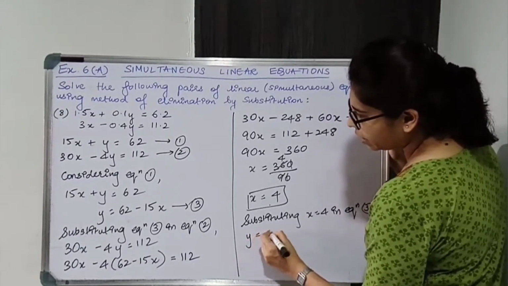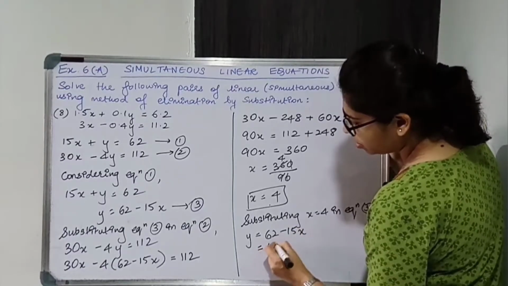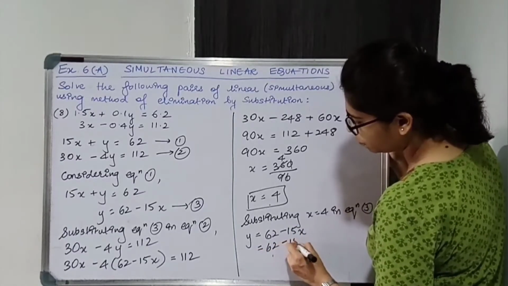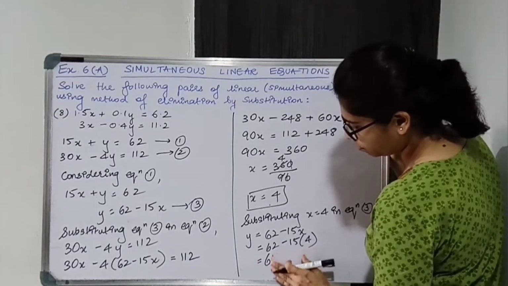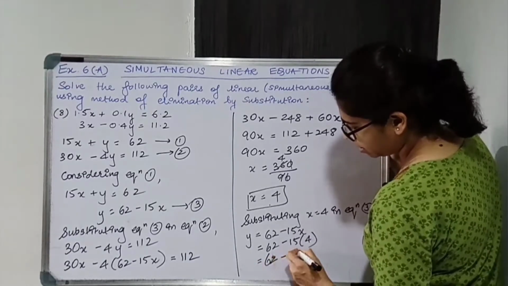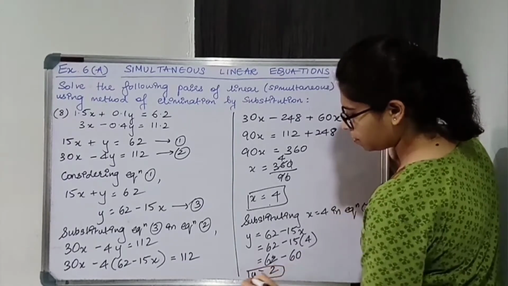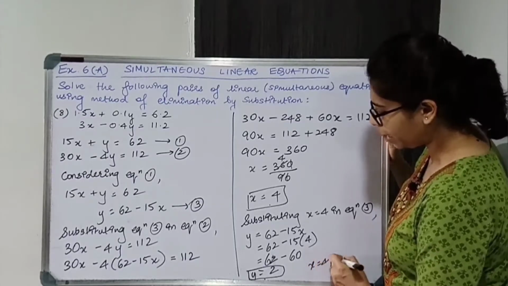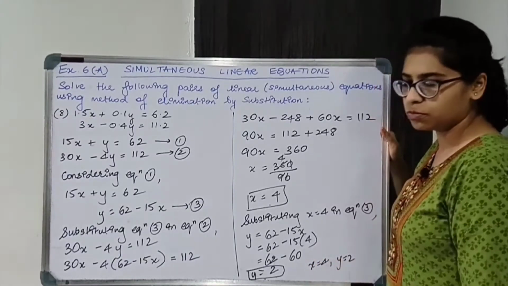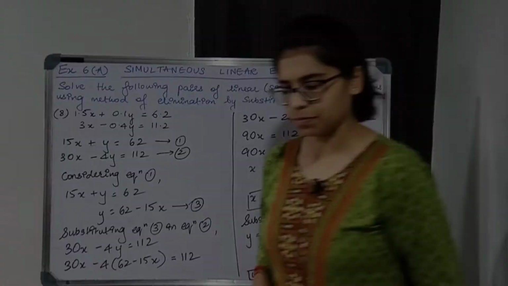So it is y is 62 minus 15x, that is 62 minus 15 into 4. So 62 minus 60 will become 2. So y is equal to 2. Write down the final answer. X is equal to 4 and y is equal to 2. Okay. So don't forget to box the answers.